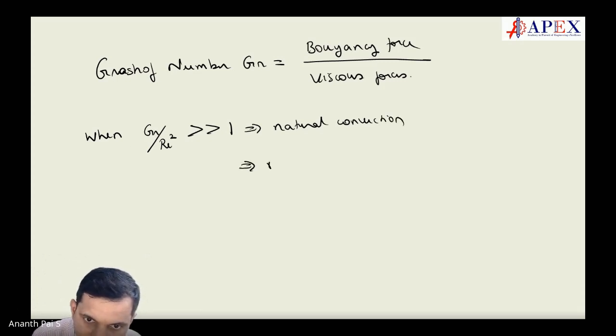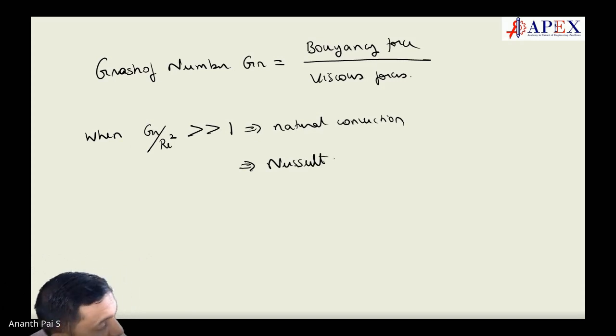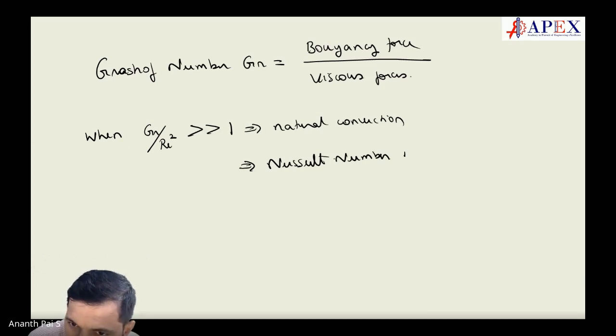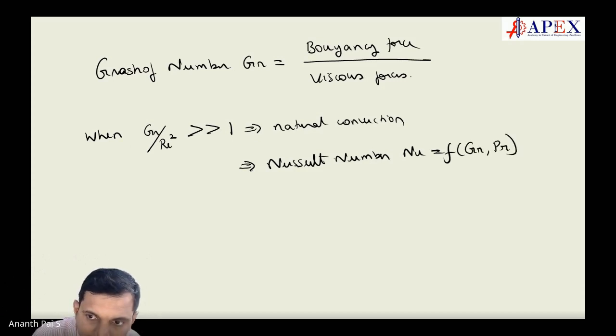Nusselt number, Nu. What is the Nusselt number, students? Nusselt number is a non-dimensional heat transfer coefficient. Nu_L, or average or anything, is a function of GR and Prandtl number.